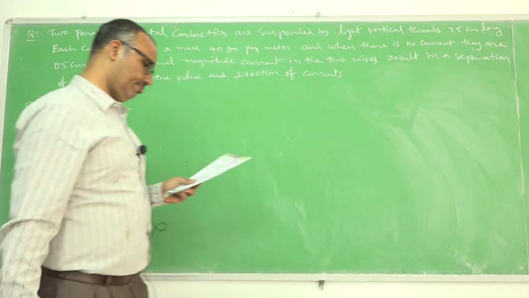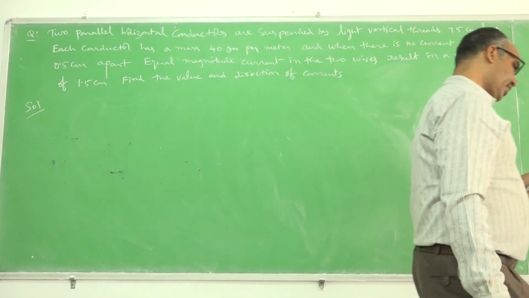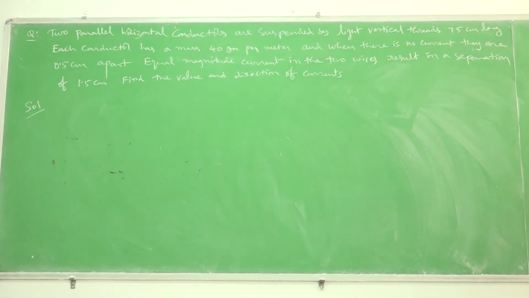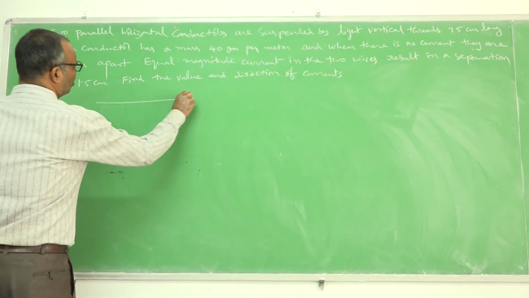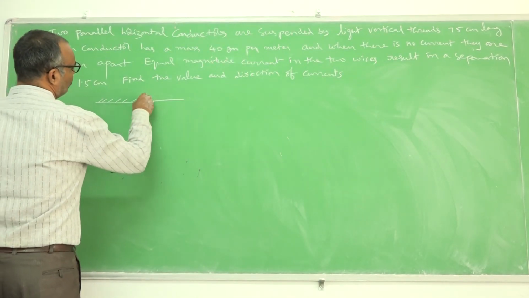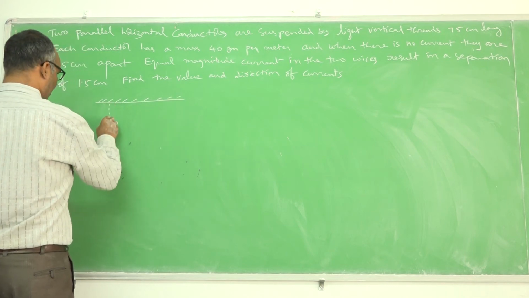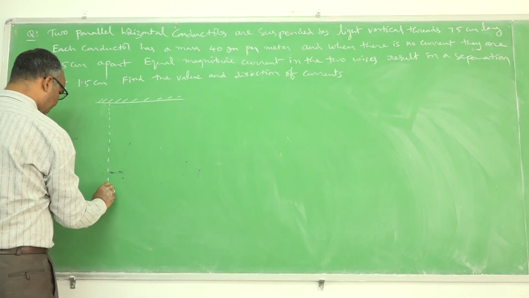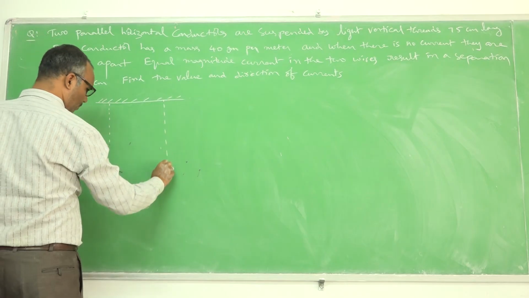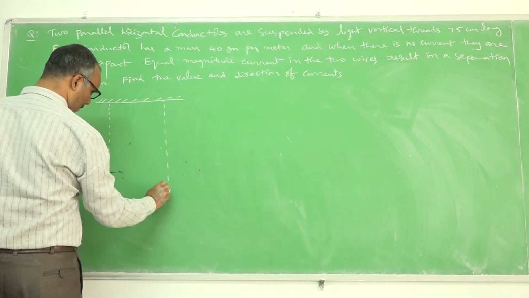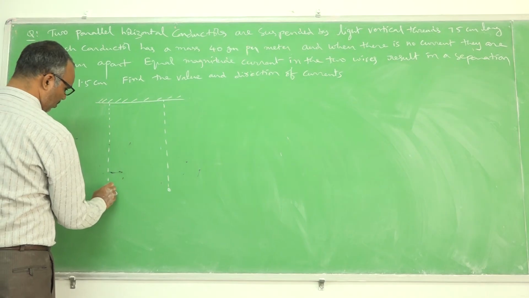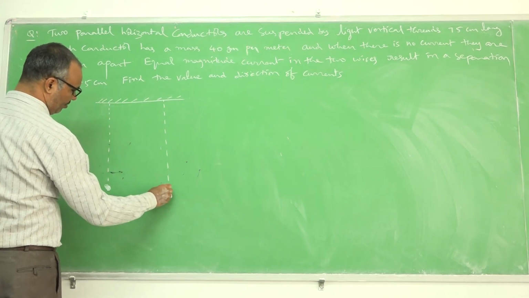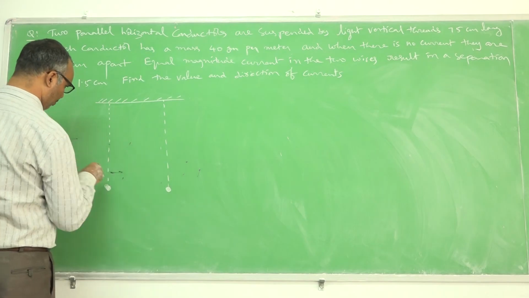First of all, let us draw the figure. Here is a rigid support. From the support, initially the conductors are held like this when no current is available. This is the first conductor. This is the second conductor. Conductor is like this into the paper.